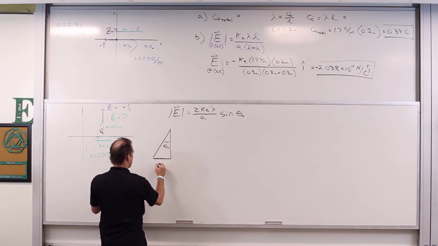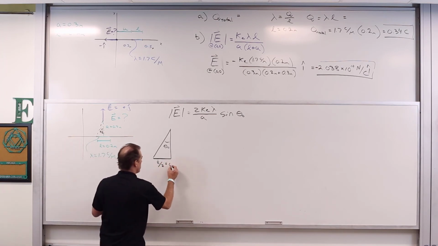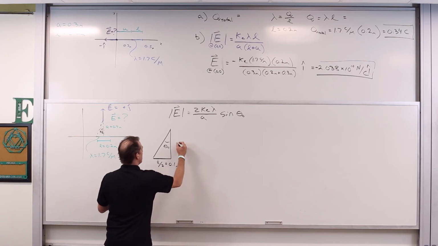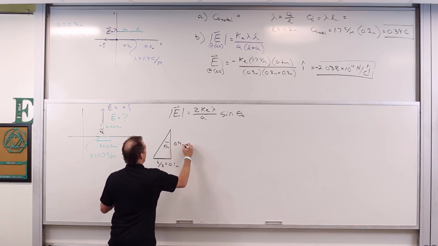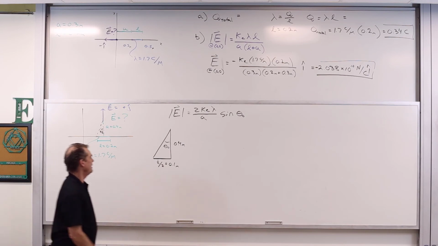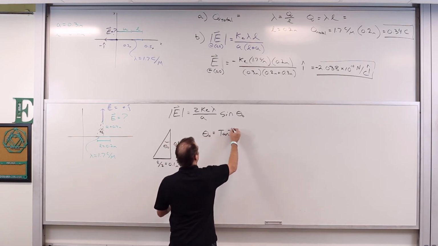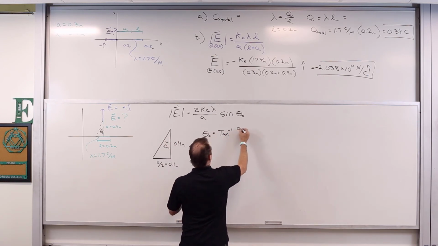Well, this here is L divided by 2, which is going to be equal to 0.1 meters, and this is 0.4 meters. So what do we get out of that? How do we get theta? Well, theta sub 0 is going to be gotten by the arctangent of 0.1 divided by 0.4.